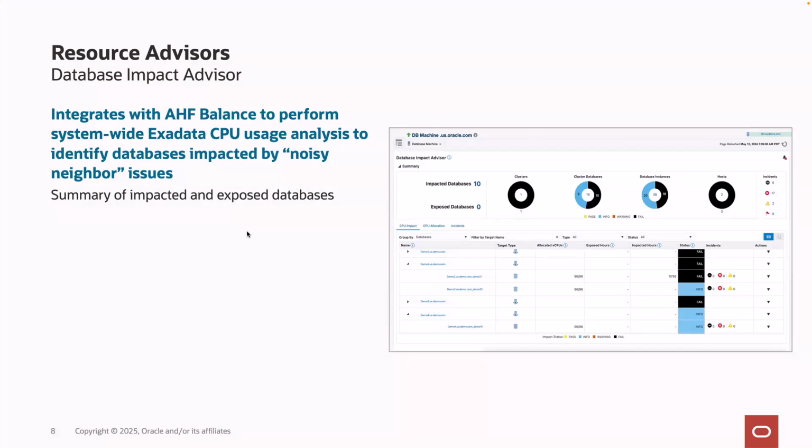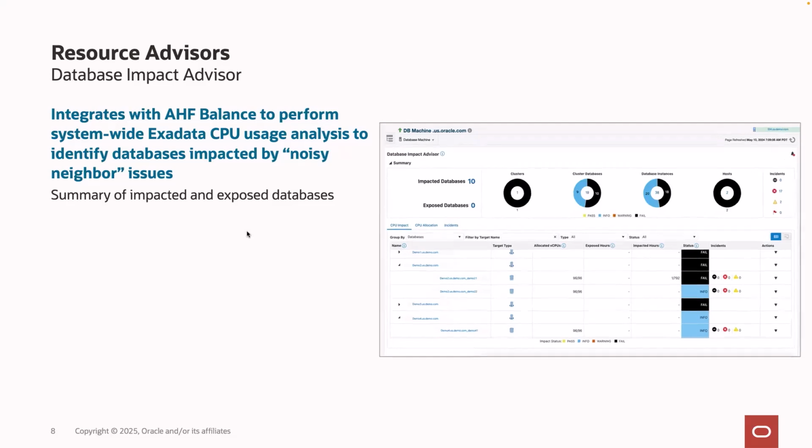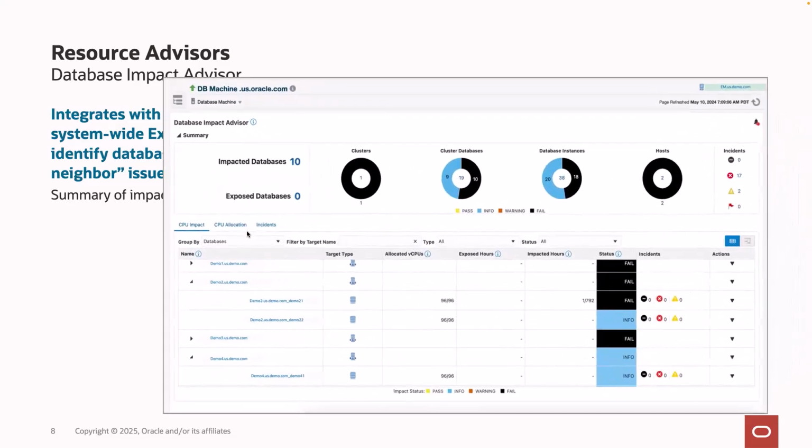So we get information, what we call a summary of the impacted and exposed databases. Impacted databases are restricted on resources. Exposed databases will be impacted if other databases start to use their share of resources. So that helps us to give the information.